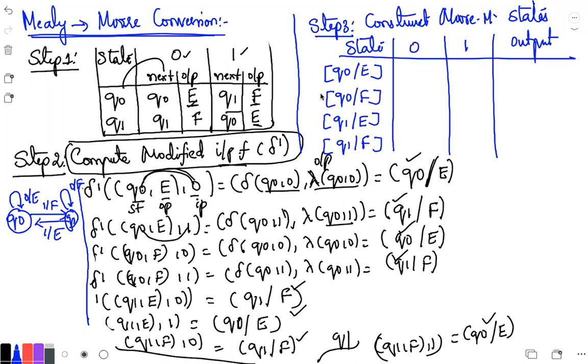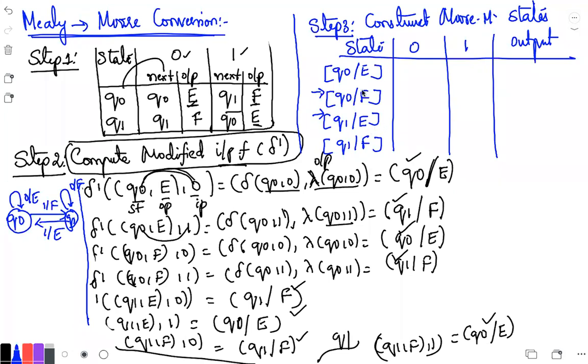You cannot see Q0F and Q1E in these transitions. Only Q0 with E and Q1 with F will be there.